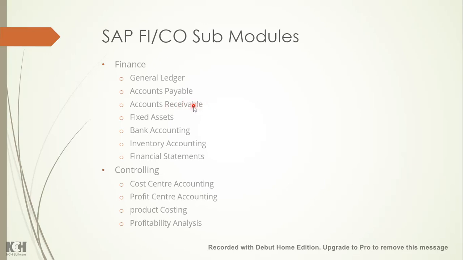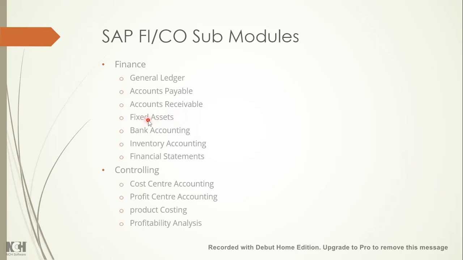You then also learn about aging analysis related to accounts receivable. So again, I'm giving you very high level, and the objective of this video is to give you a very high level of what are the different sub-modules within each SAP module, and then when you get into deeper, you will learn more and more.